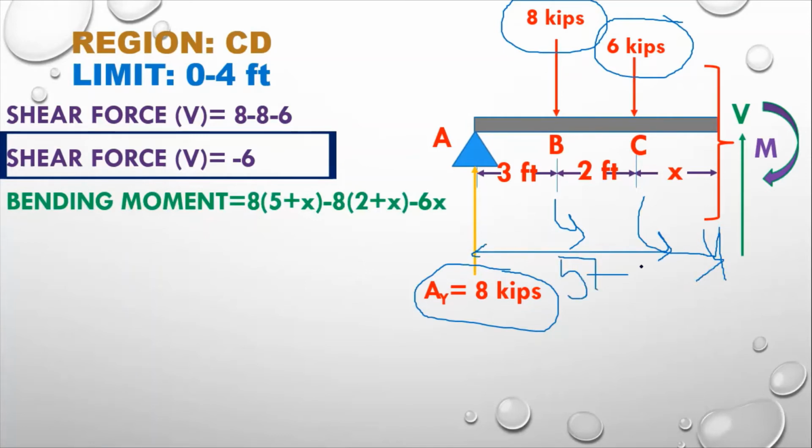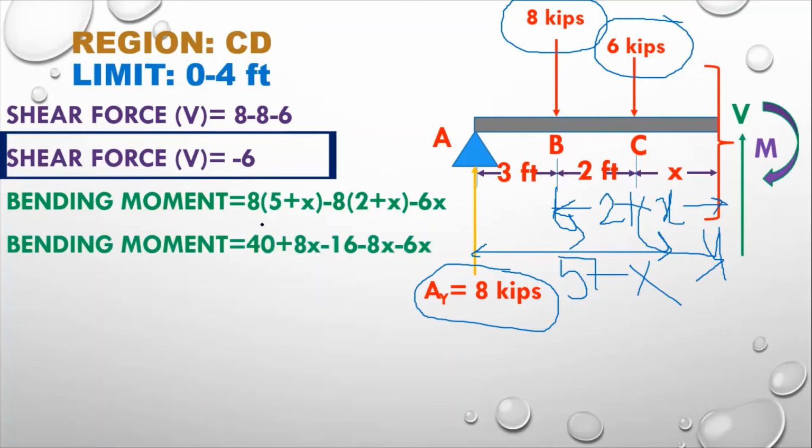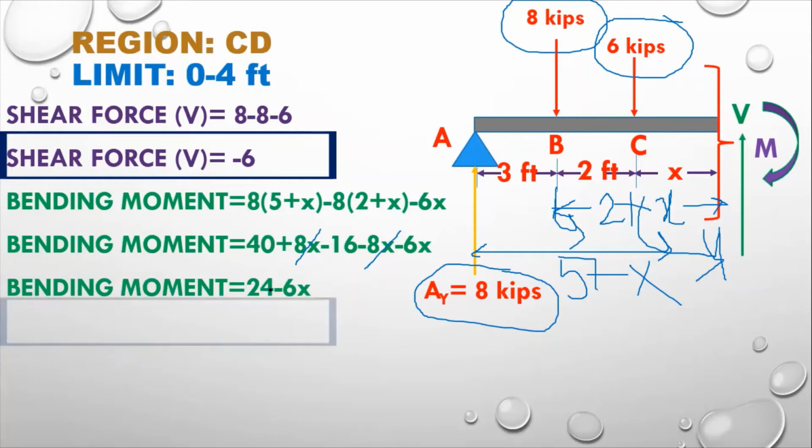And for B to C, it will become 2 plus x for 8 kips. So when we simplify it, the equation will become 40 plus 8x minus 16 minus 8x minus 6x. So 8x and 8x will cancel out with each other. So how much is left? The equation will simplify to 24 minus 6x.